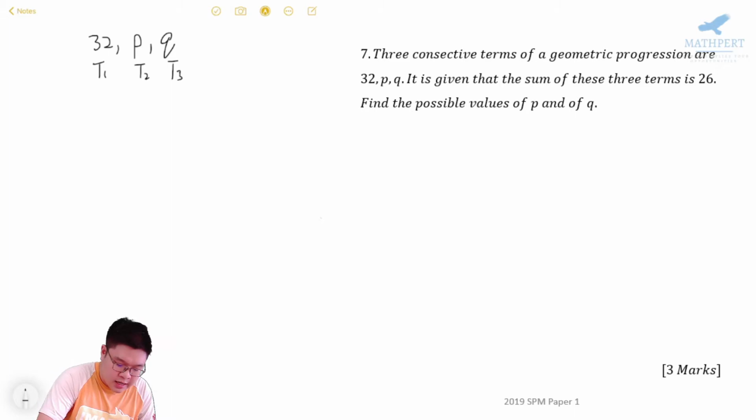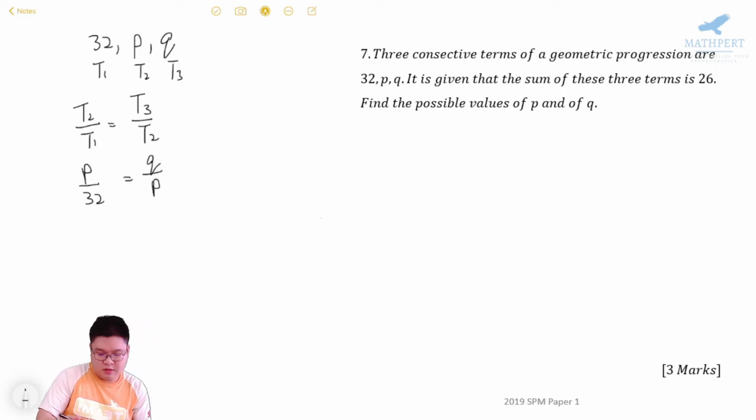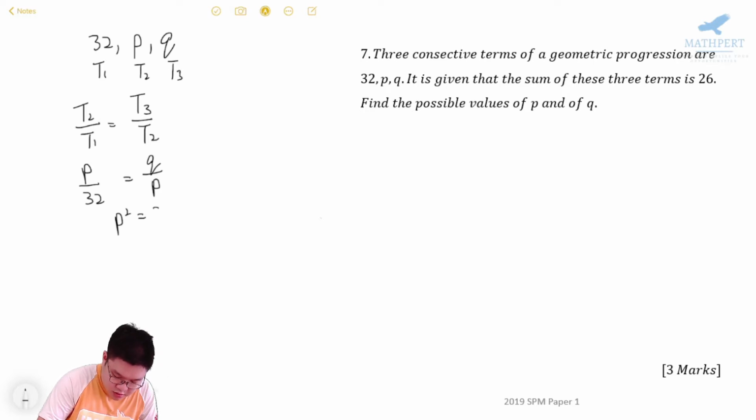So what I can say is T2 over T1 is equal to T3 over T2. So T2 is P, T1 is 32, T3 is Q. Then we can cross multiply. When we cross multiply, we get P squared equals 32Q. So this will be our first equation.